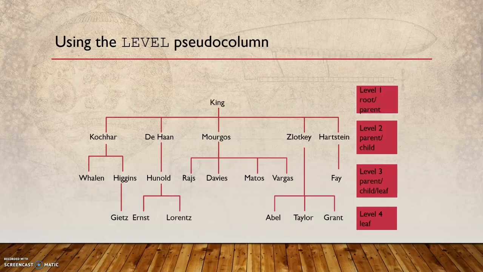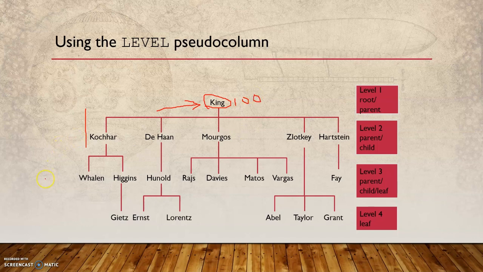Let's look at the employee table as such. Employee King is at the top position, and the level 2 employees report to King. If you look at the employee table, each of these employees has the manager ID as 100, and 100 is King.